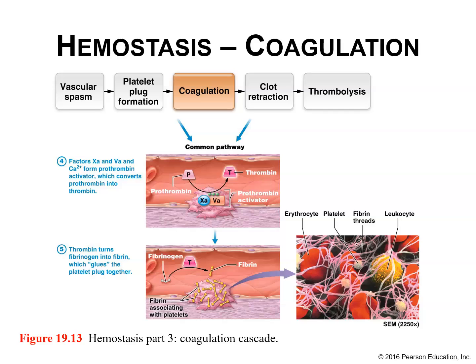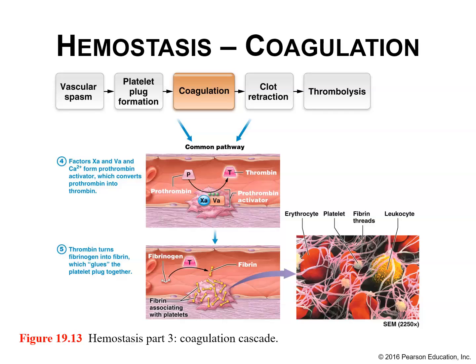So factors 10A and 5A and calcium form prothrombin activator, which then converts prothrombin into thrombin. Here are your factors 10A, 5A, and calcium. And thrombin in turn converts fibrinogen into fibrin.